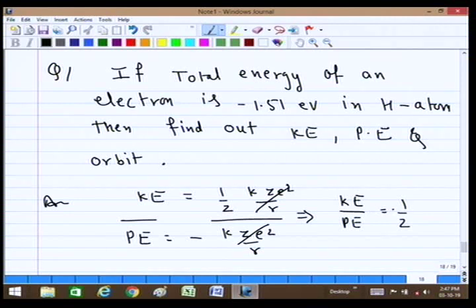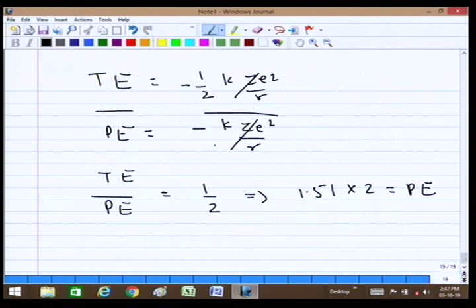Here it is minus 1 by 2. Here it is minus 1 by 2. Here it is 1 by 2. And the potential energy, along with the negative sign, we will get 3.02 electron volts. What about the other answer? What will be the kinetic energy?